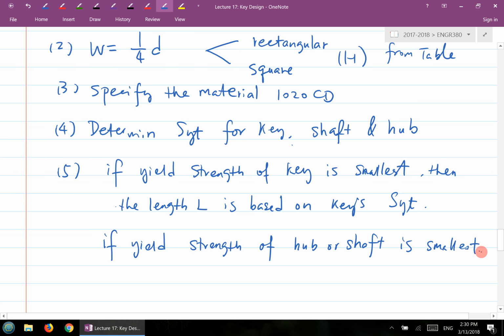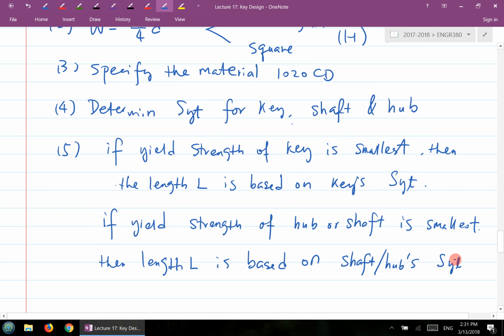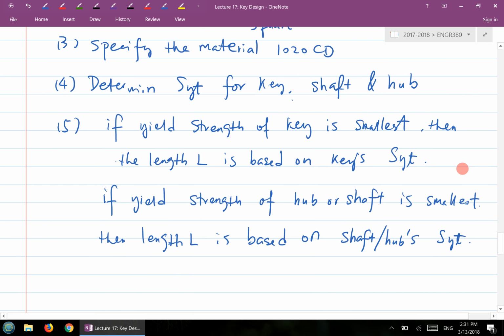If the yield strength of the hub or the shaft is smallest, then, as I said, the length L will be based on the shaft's or hub's SYT. So that's the difference here.